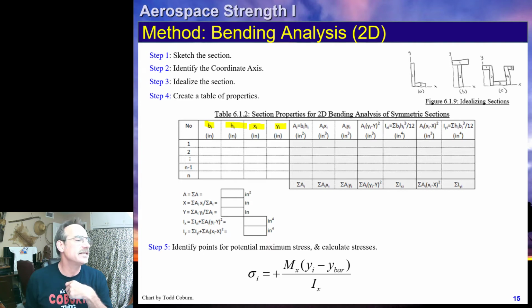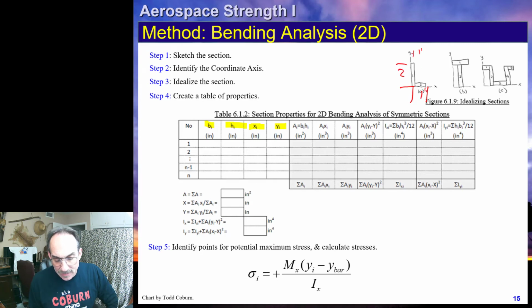For example, if this guy is 1 inch wide and 2 inches tall and typically 0.1 inches thick, and this is 2 inches, and this is 1 inch, and everything's 0.1 inch, then we'd end up with two terms.